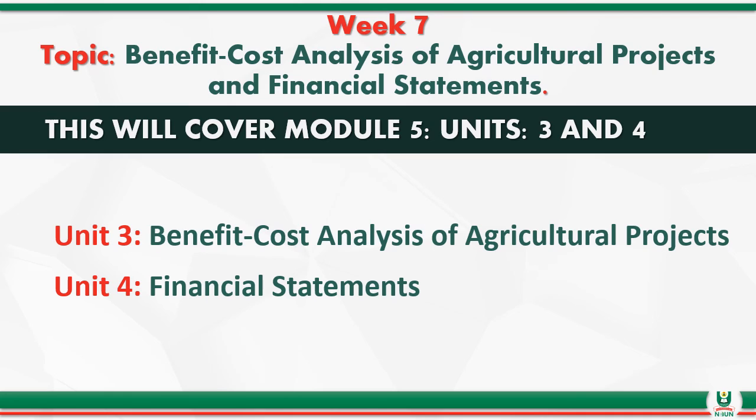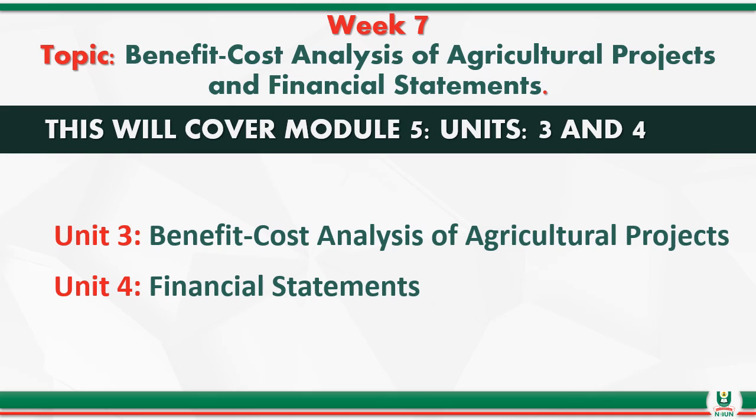Then we'll also look at the analysis of costs and benefits. Under A is cost. We talked about cost of crop production, cost of livestock production. We'll talk about cost of projects, and so on. We'll consider all those things. Then under benefit, we'll be able to look at primary and tangible benefits.